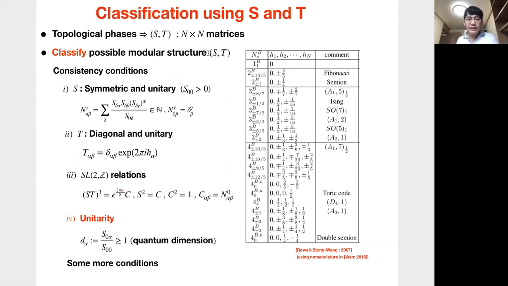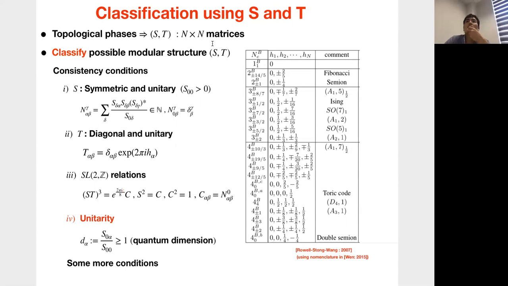The S and T matrices should satisfy some consistency conditions, including the unitarity conditions, which imply that all the quantum dimensions should be positive, bigger than 1. Then, by solving these conditions with some additional conditions, we can try to classify all the possible values of S and T matrices. This is somewhat similar to the conformal bootstrap used to classify conformal field theories.